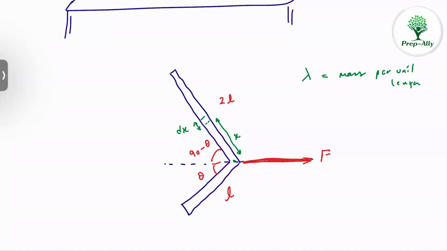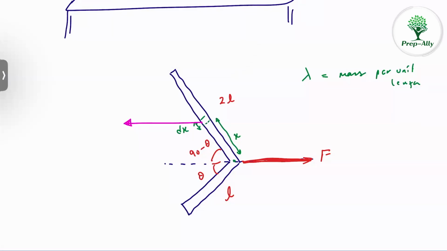Sir, lambda dx into g. So what is the friction force? Mu into lambda dx into g, sir. Friction force acts opposite to the direction of relative motion. So if this rod goes towards the right, the friction will be in which direction? Sir, towards the left. Okay.